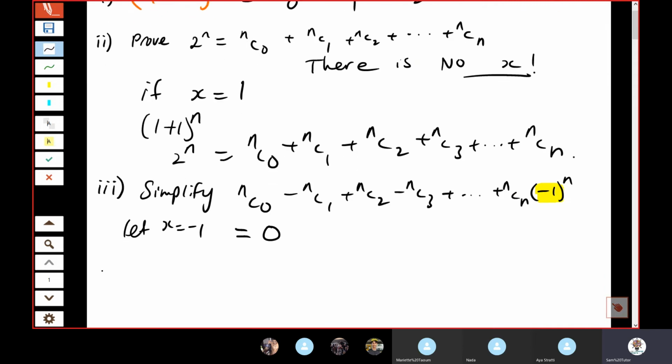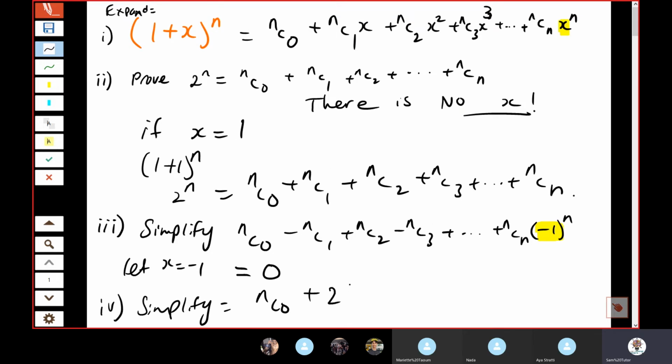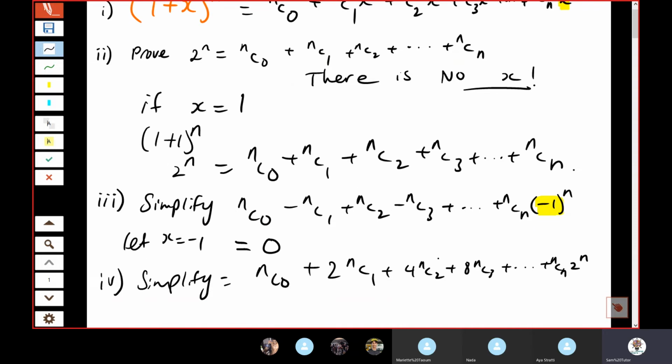Alright, and let's do another one. Simplify: nC0 plus 2 nC1 plus 4 nC2 plus 8 nC3 plus dot dot dot plus nCn times 2 to the n. What's the answer to that one now?